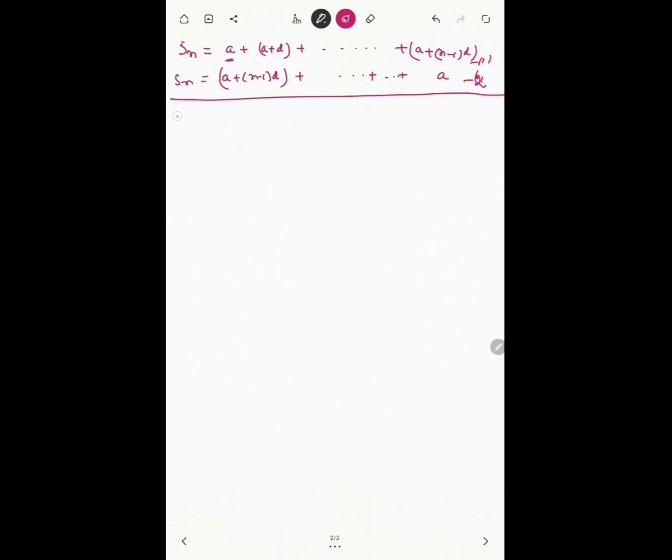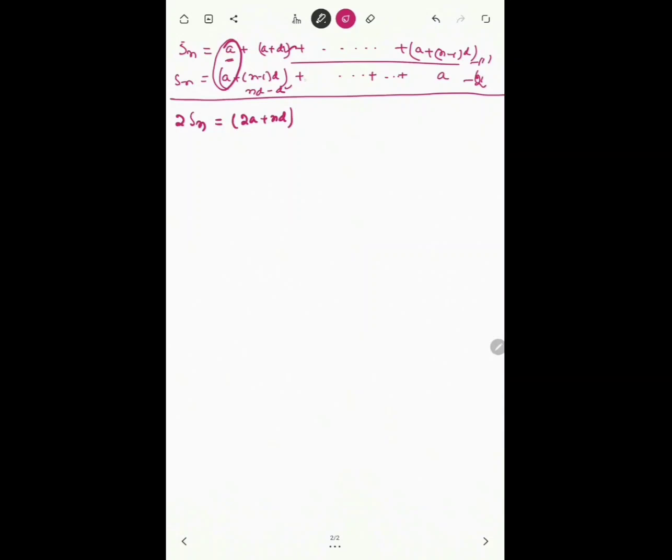So this side will be 2Sn. Now pair, this will be 2A, and A plus D, and when you open this it will be nD minus D. So this D and this D will be cancelled. So we will get a combination of 2A plus nD here, adding the first terms of both sequences, the main sequence and the reverse of that.